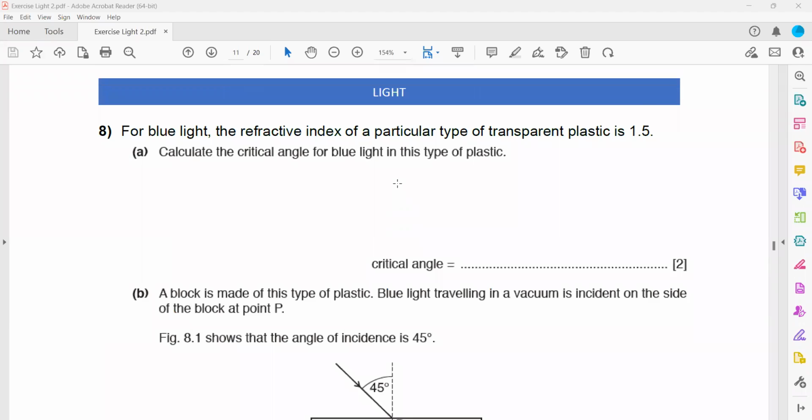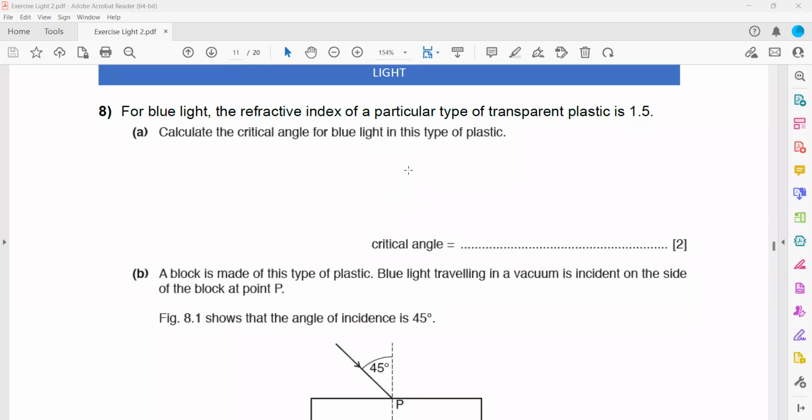So for a blue light, the refractive index of a particular type of transparent block is 1.5. The critical angle of the blue light. If you need a critical angle, the formula which relates the critical angle is n equals 1 over sine c. So the refractive index is 1.5, 1 divided by sine c. So we cross multiply, sine c equals 1 divided by 1.5.